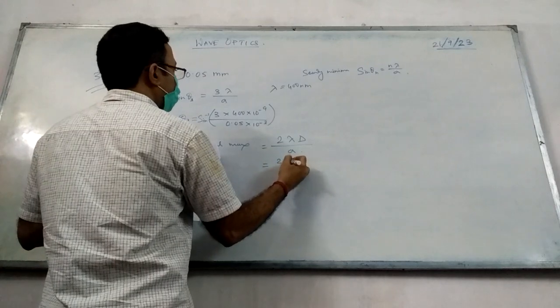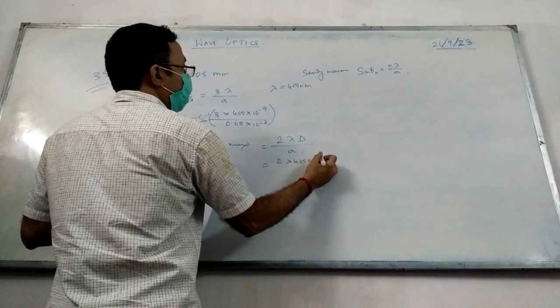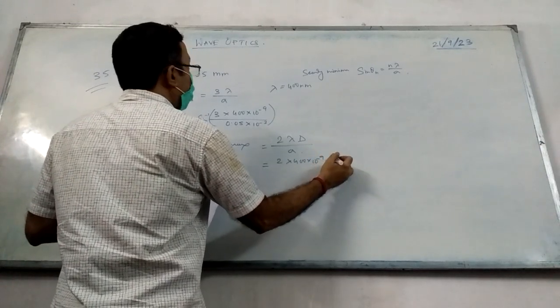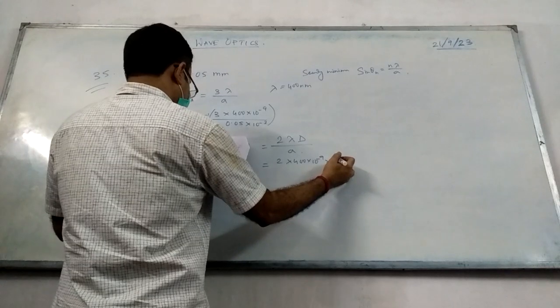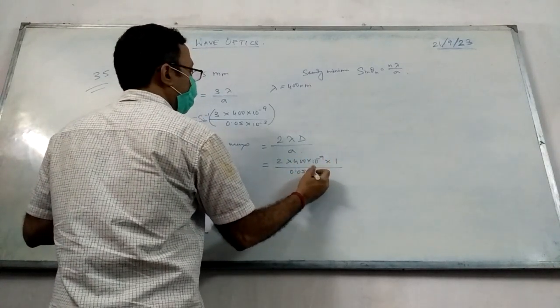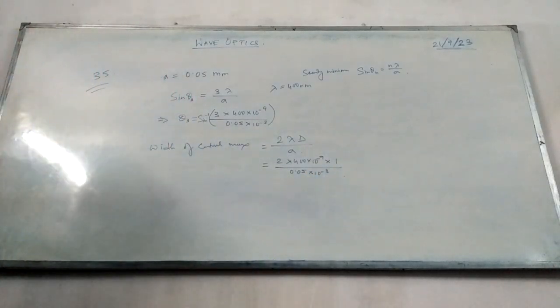So you know all the values. Just put in 400 into 10 to the power minus 9, into D, the distance between the slit and screen, which is given as 1 meter, by a, which is 0.05 into 10 to the power minus 3. That will be the width of the central maximum. Clear?